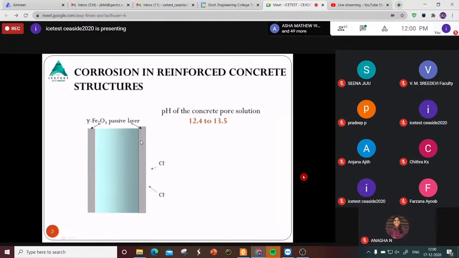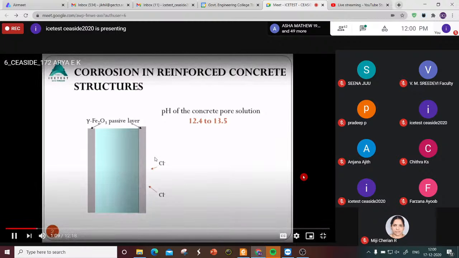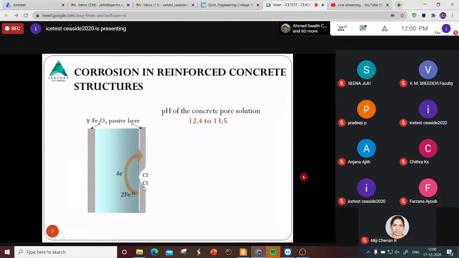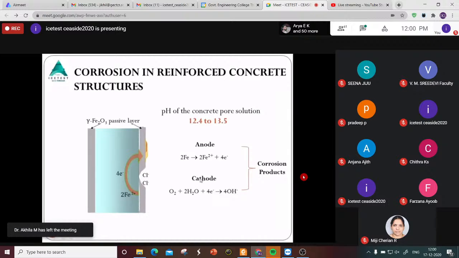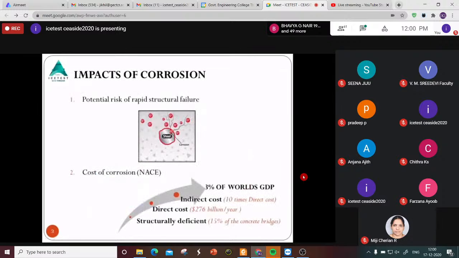But when chloride ions from the external environment get into the concrete and hit the passive layer, certain chemical reactions happen on the surface of steel rebars, giving rise to Fe2+ and OH- ions, which is nothing but the anodic and cathodic reactions, together producing the corrosion products. And these corrosion products occupy a volume of almost 4 to 6 times the volume of the original steel, and there are many negative effects associated with that.